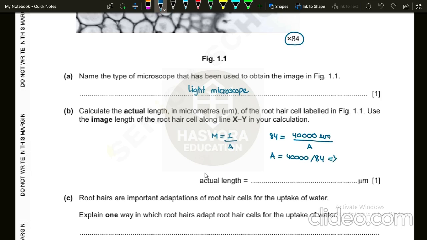Let's calculate the actual length. It comes out as 476 micrometers. So 476 will be our answer.